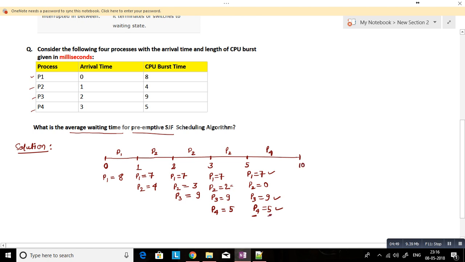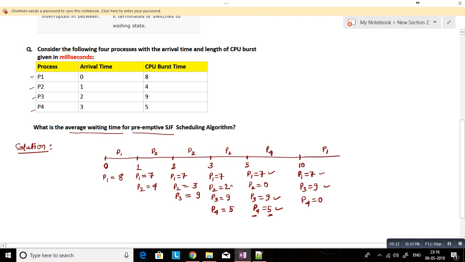So now P1 is 7, P2 is gone, P3 is 9 and P4 is 0 now. Now which is shortest among these two? P1. So P1 will execute.